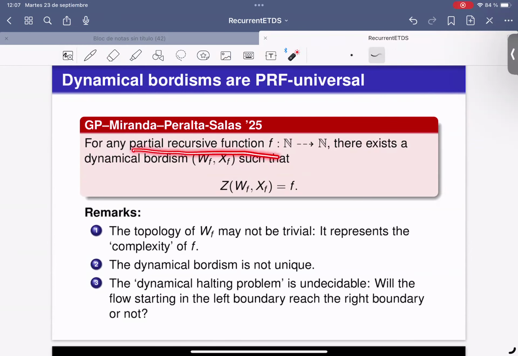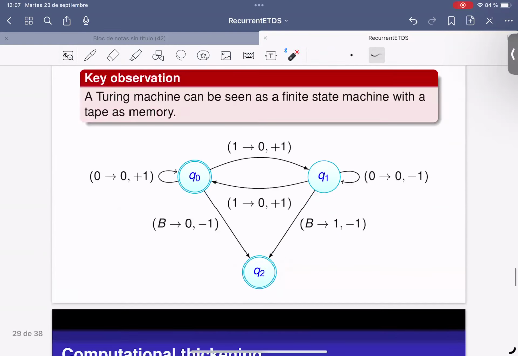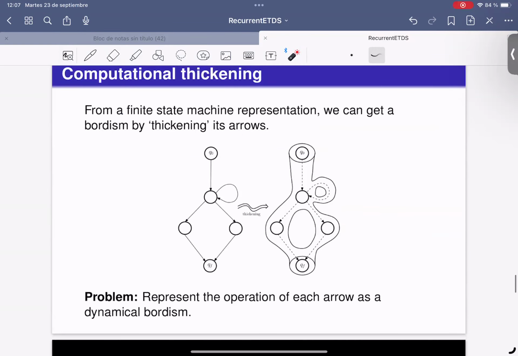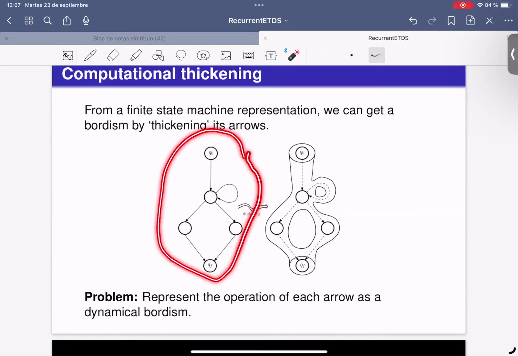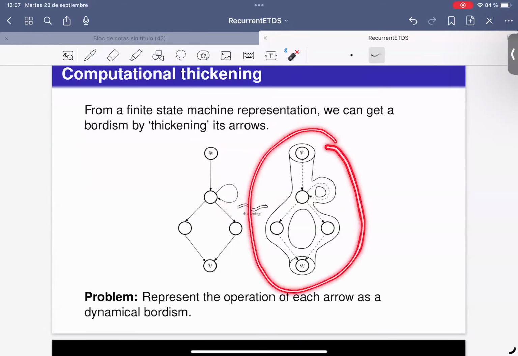Here it says any computable function, so any function computed by a Turing machine. There exists a bordism that has this reaching map, the hitting point of the flow, be the computable function. And the idea is to consider the Turing machine as a graph with some states and some transitions, and enlarging this graph to get a bordism.